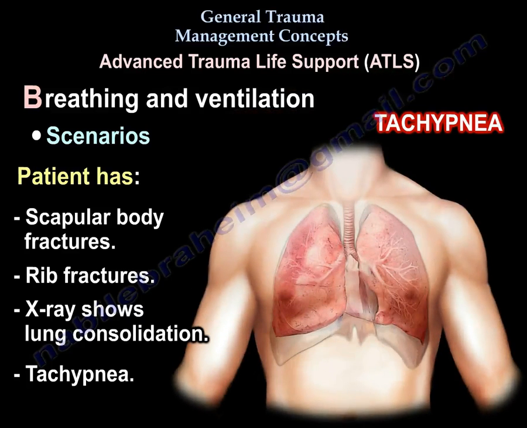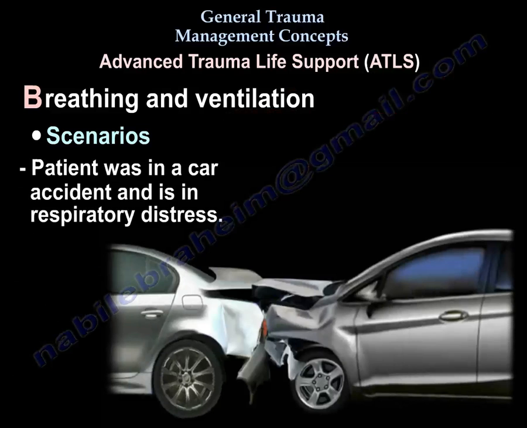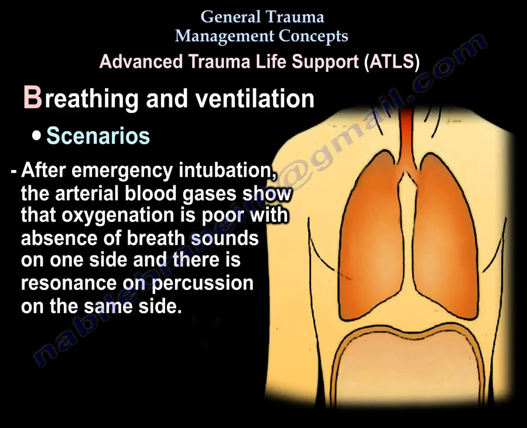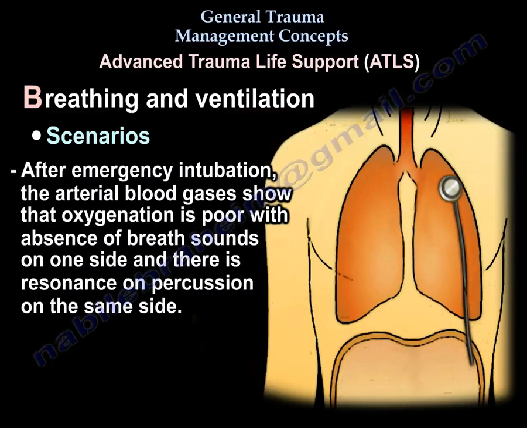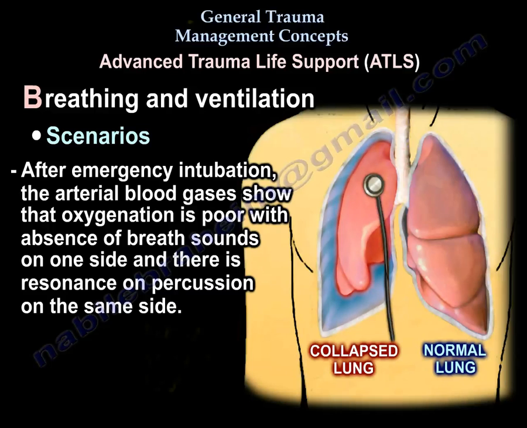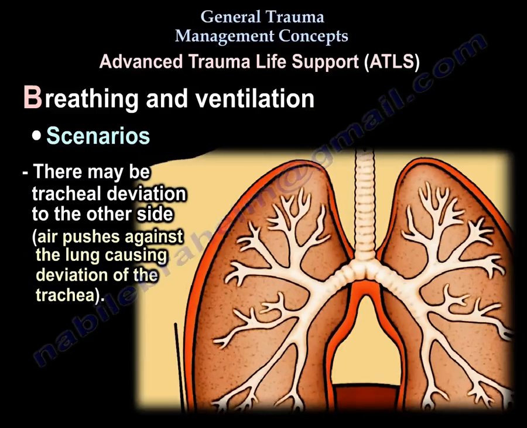The patient is tachypneic, or a patient was in a car accident and is in respiratory distress, and after emergency intubation, the arterial blood gases show that oxygenation is poor, with absence of breath sounds on one side, and you have resonance on percussion on the same side, and maybe tracheal deviation to the other side.